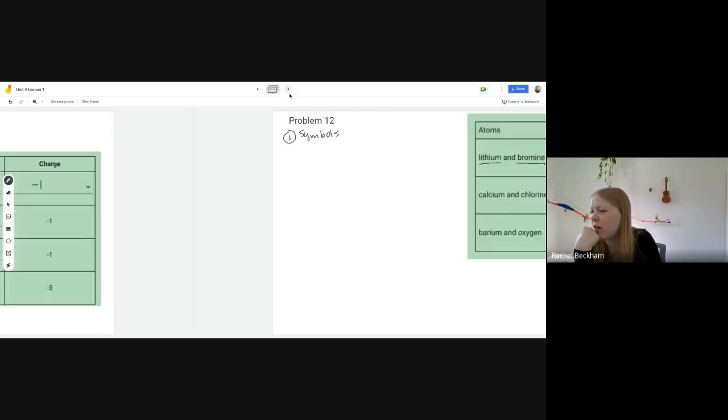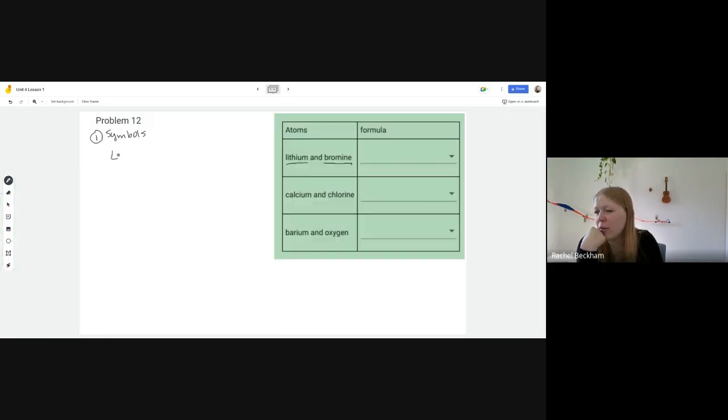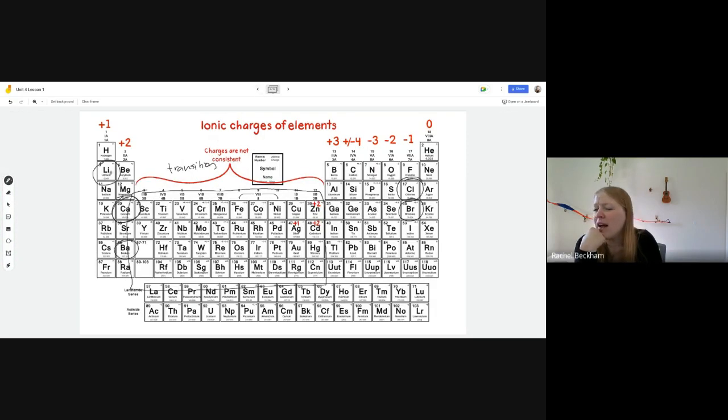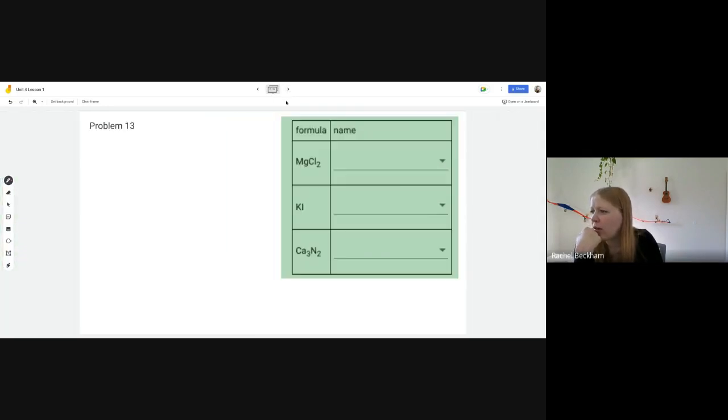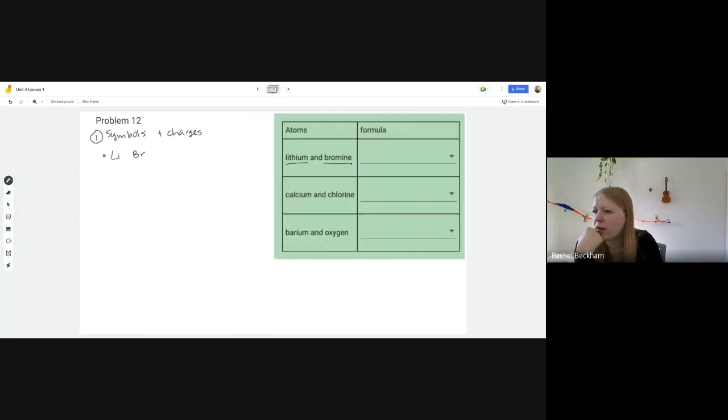The next thing that you do after that, so it's Li and Br, is you plug in their charges. Okay, so let's go back and look up the charges for Li and Br. Li has a charge of +1 and Br has a charge of -1. Okay, so +1 and -1. The second thing that you do is you cross over the charges.